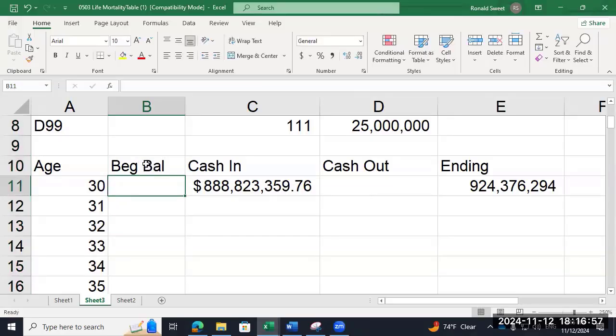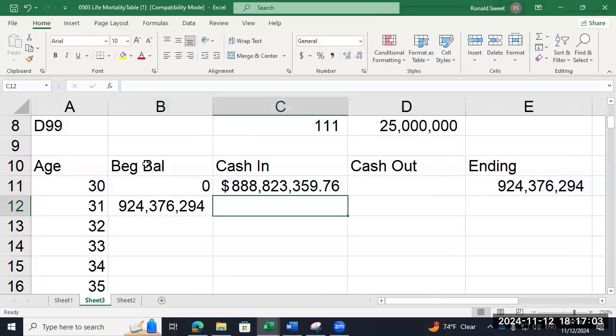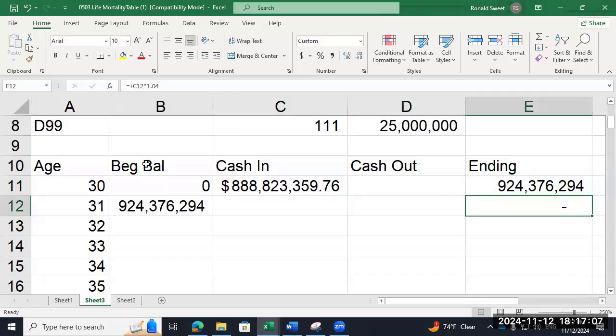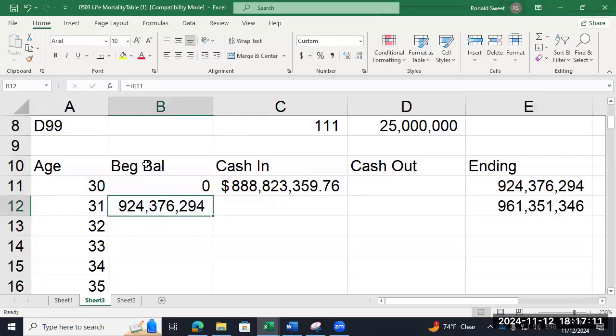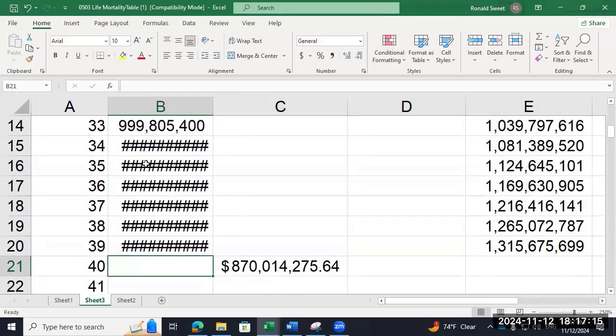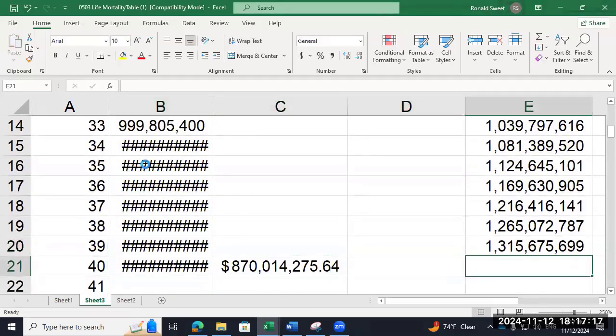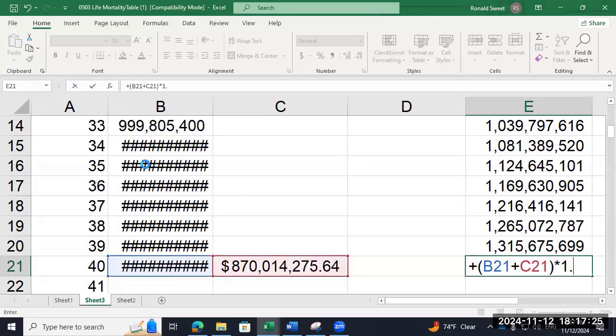Here it's 0. Here, beginning balance, our ending balance. And we just keep making 4%. And here we'll make the beginning balance plus our premium, both going to make 4%.